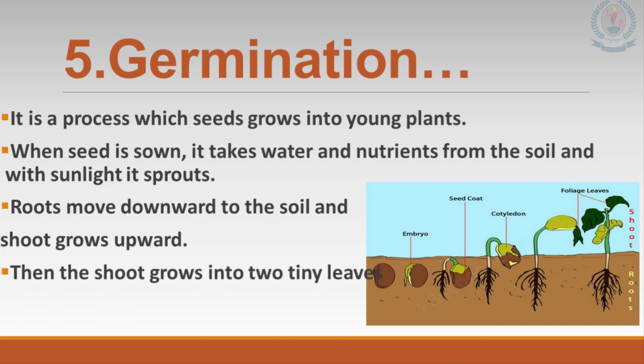The shoot develops two tiny leaves at first and then slowly grows into a plant. Here in the picture you can see the shoot grows upward and the root goes downward.